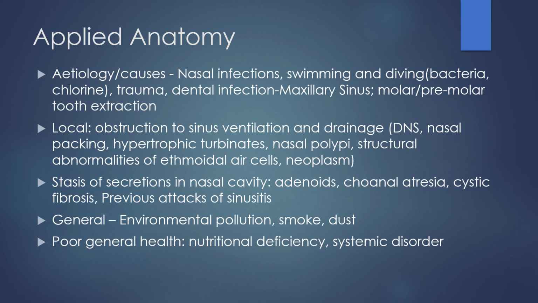The causes of sinusitis may be infections or local obstruction to the ventilation or drainage, stasis of secretions in the nasal cavity, or environmental pollution or poor general health of the patient due to some systemic disorder.